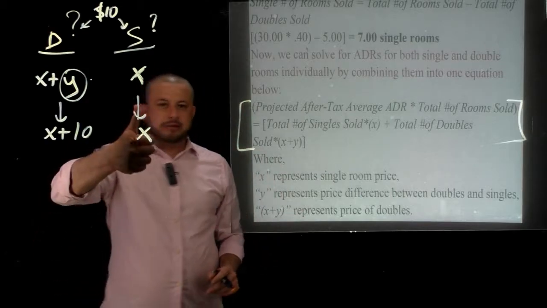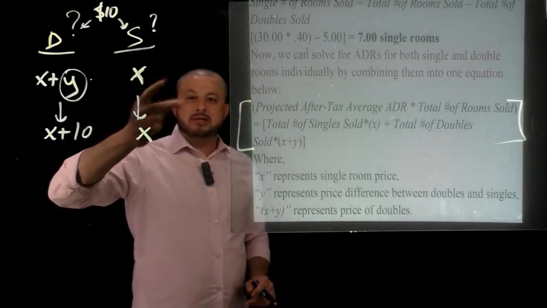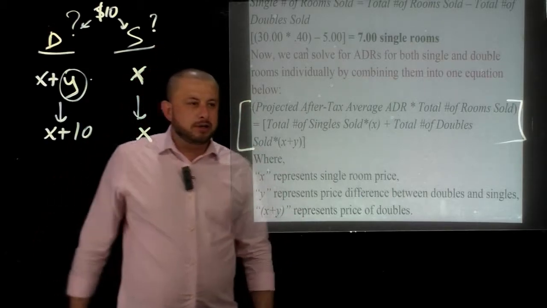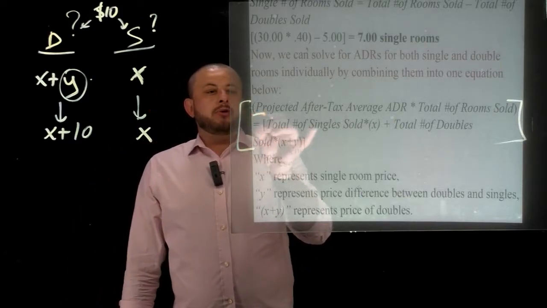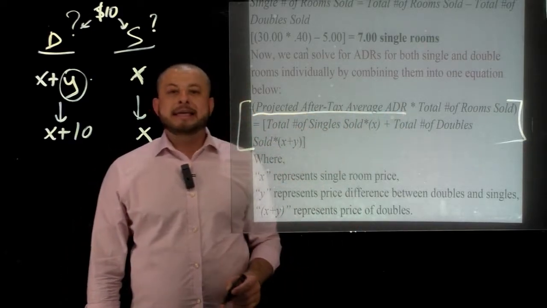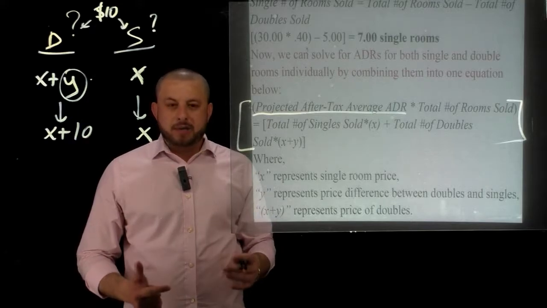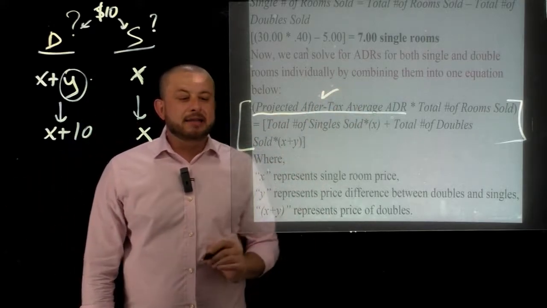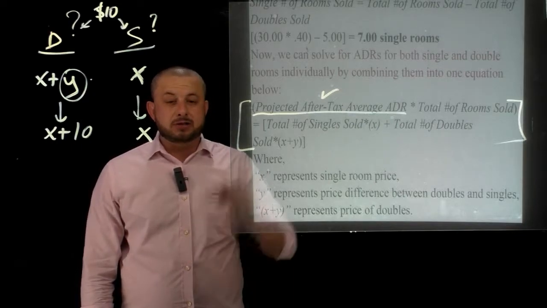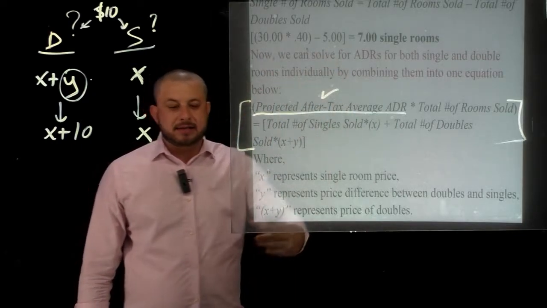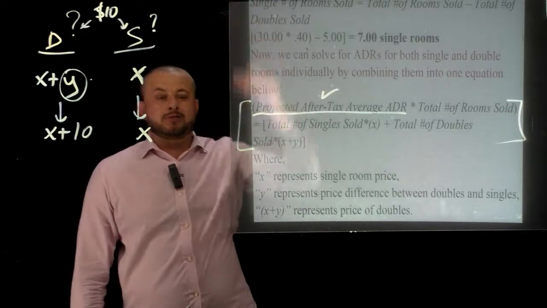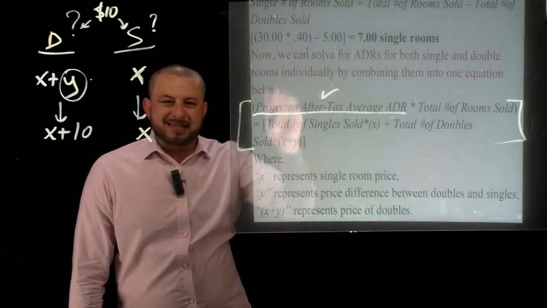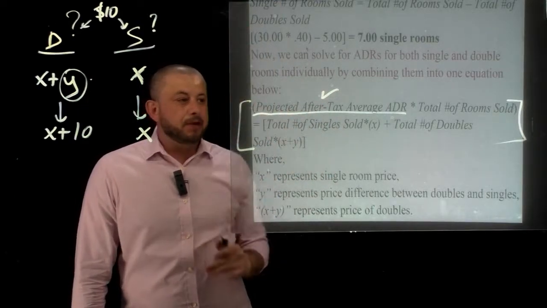Okay? So I know what I'm solving for. I know the equation. Step number 3, let's analyze the components of the equation. Do I know projected after-tax average ADR? Yes, I know. Why? Because in the first Harkins example, I got this as $58.27, because remember that I'm extending the Harkins example, so I can use the previous information and bring it over here because this is the extension of that previous example. Okay?